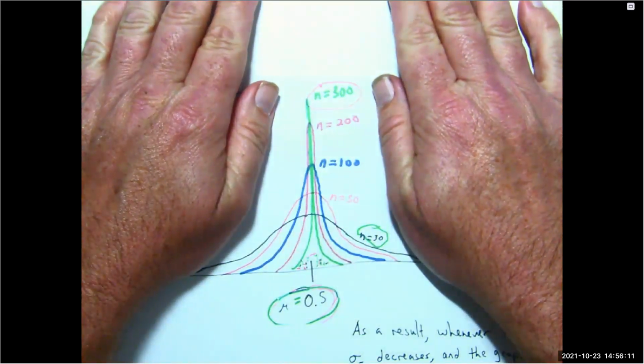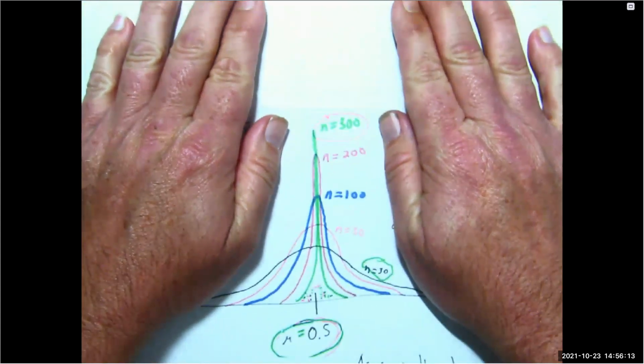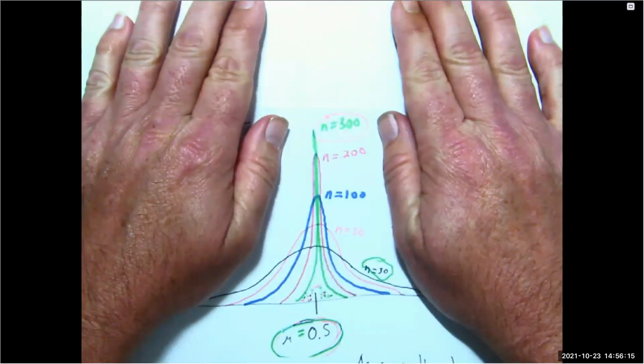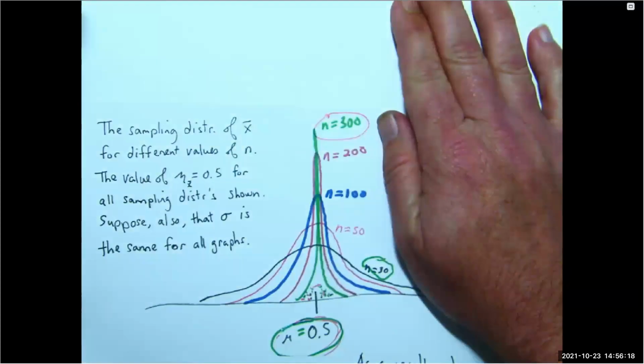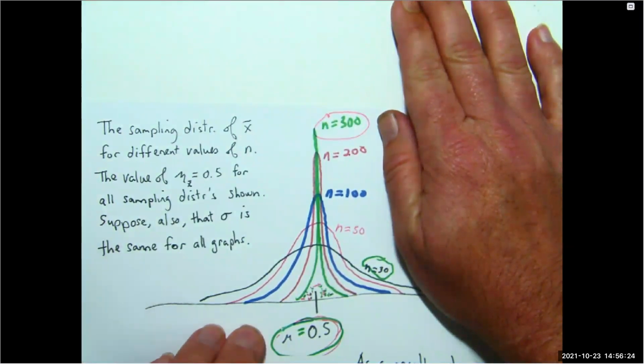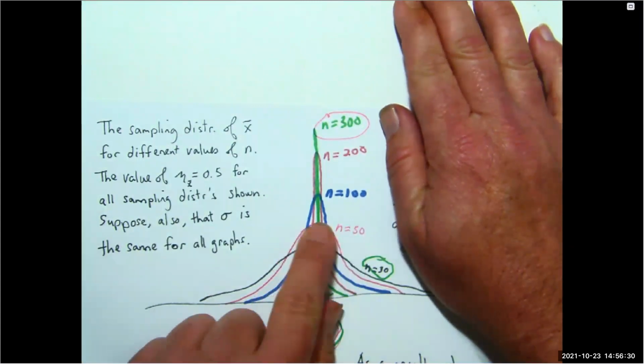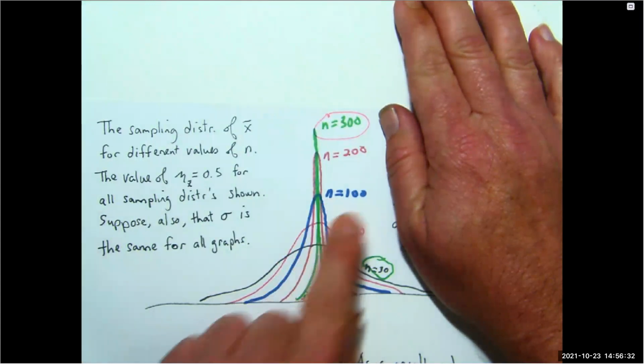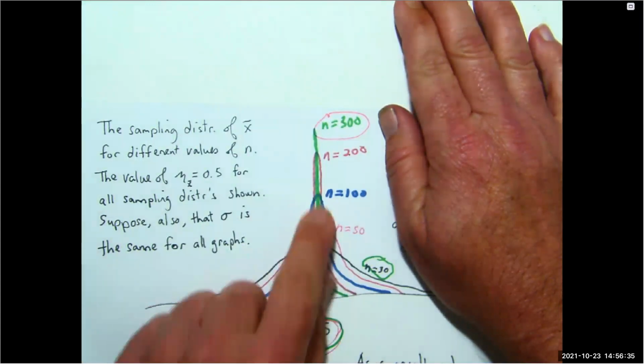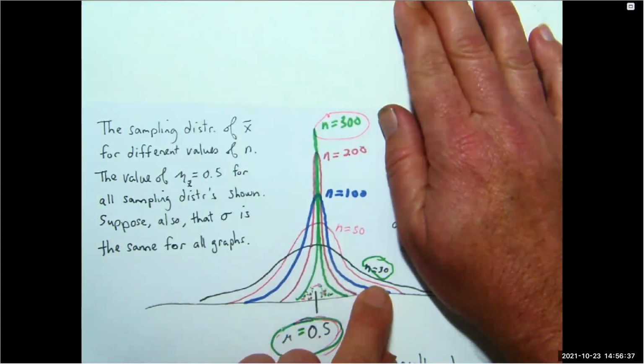These are graphs of the sampling distribution of X bar for different values of n. For n equals 30, that's the black curve. For n equals 50, that's the red curve. For n equals 100, that's the sampling distribution curve in blue, and so on.